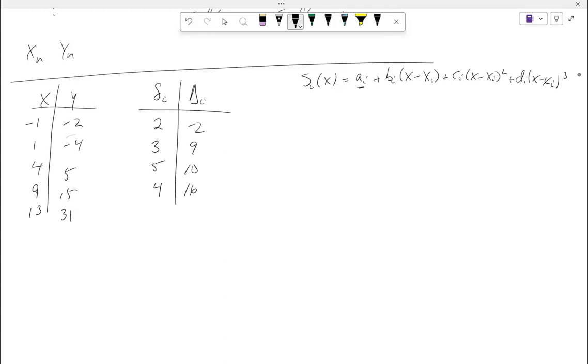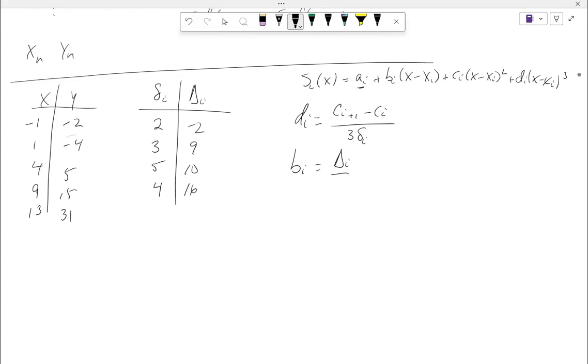I know it's been 2 weeks, but we did all this stuff before, right? Get all these coefficients, or all these equations. All right, so we did all of this work. We found out that once we have the C's, we can figure out the B's and the D's from the C's, right? Your D's were the difference between consecutive C's divided by 3 times the deltas. And your B's were a little bit more complicated.